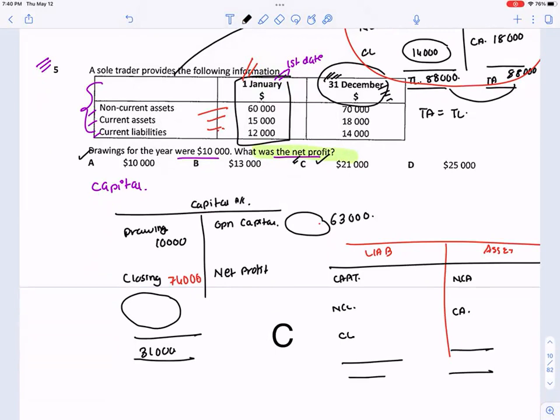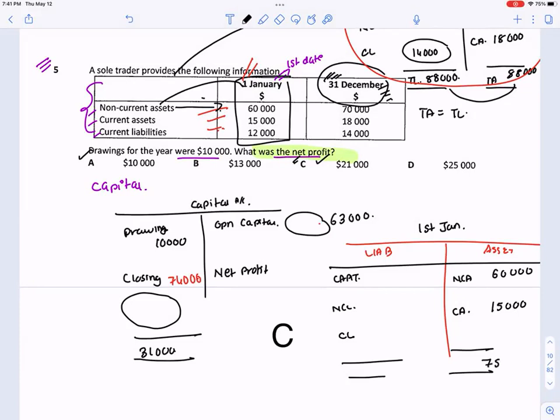Non-current asset is how much on the first date? 60,000. Current assets, 15,000.